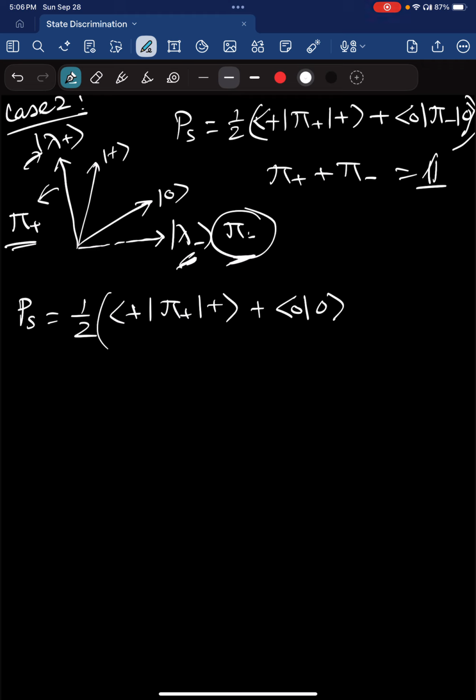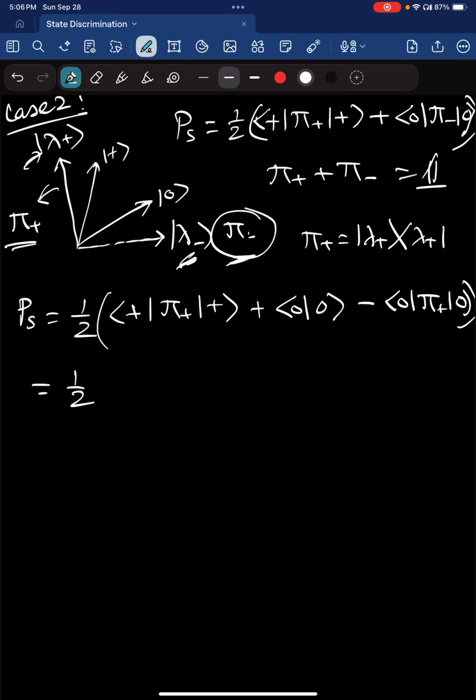So 0 0, and then minus 0, pi plus, then this is again the 0. Okay, now what we have here is this is 1, so this is half, and we can write the pi plus as the lambda plus, right?